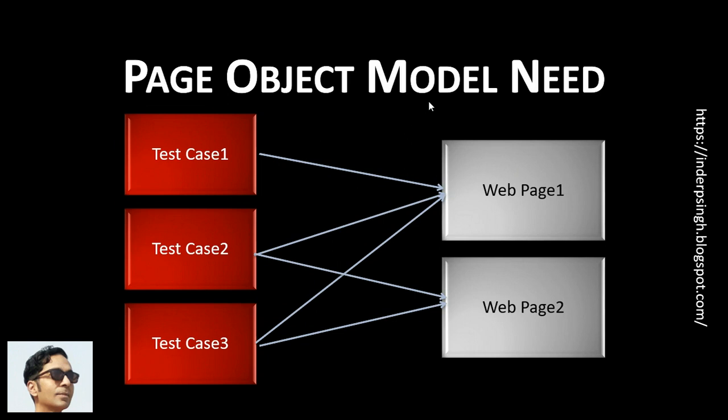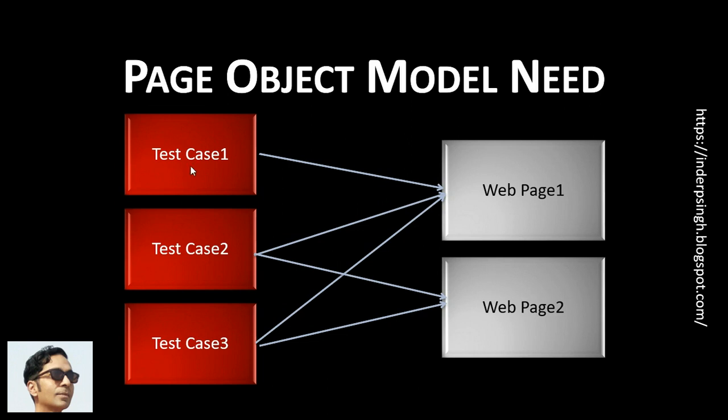First, what is the need of Page Object Model? In Selenium WebDriver, you may have multiple test cases like test case 1, 2 and 3 interacting with multiple web pages like web page 1 and web page 2. For example, test case 1, test case 2 and test case 3 all interact with web page 1.